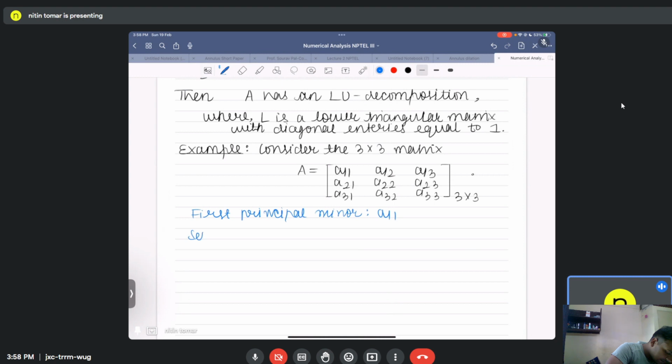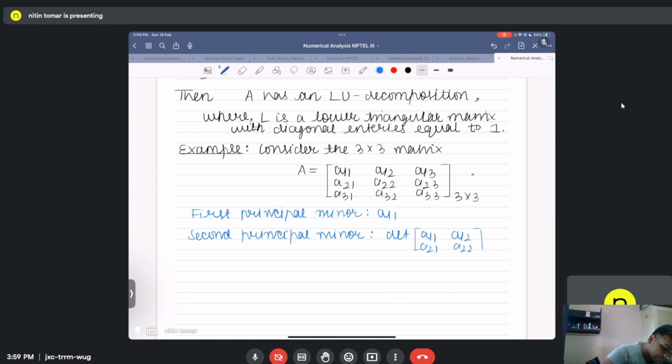What is the second principal minor? It is the determinant of the matrix with A11, A12, A21 and A22.